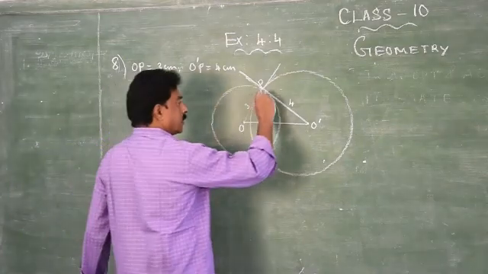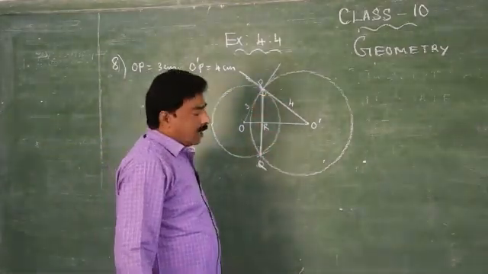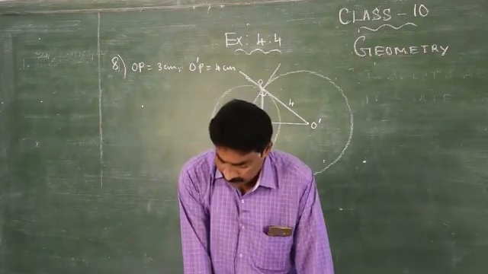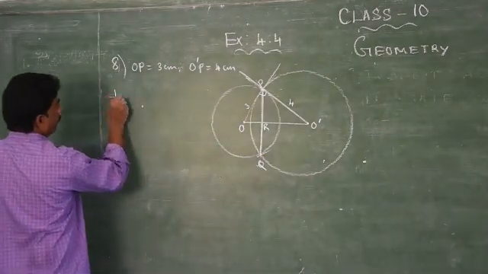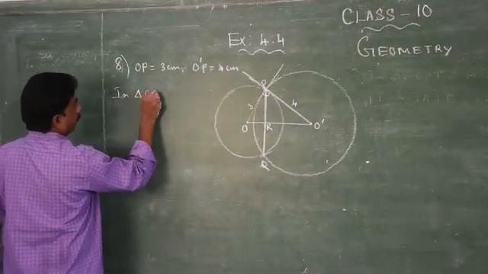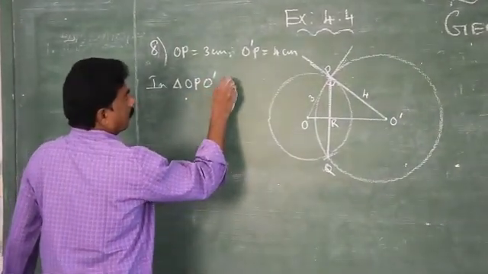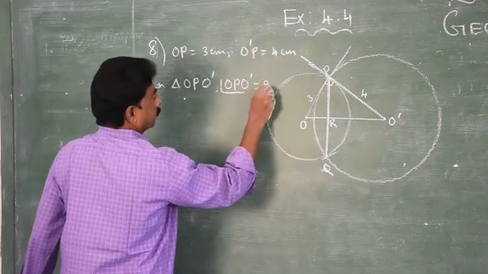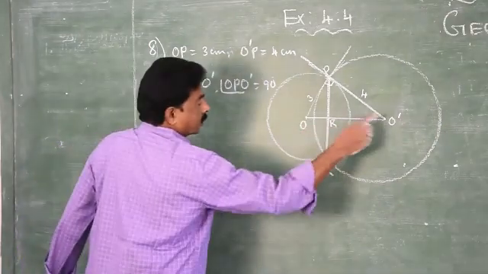And we know that angle OPO dash is 90 degree, so OO dash is the hypotenuse.